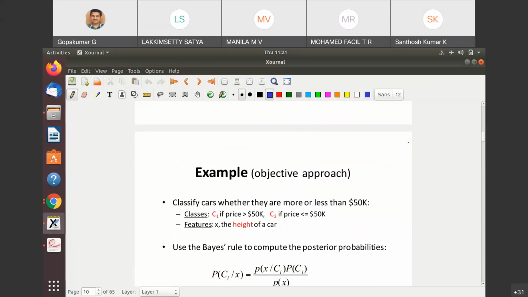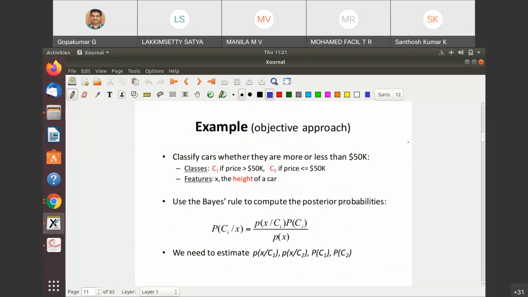Similarly, we can have examples, but we are not going into the details. If we want to apply this Bayesian decision for classification, then we have to evaluate these different probabilities. That is, we have to evaluate the class conditional probability or the likelihood, and the prior probability.